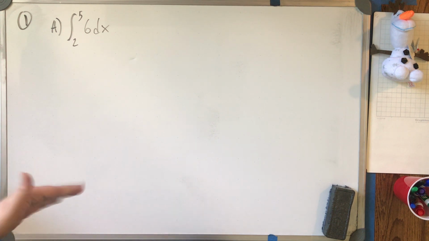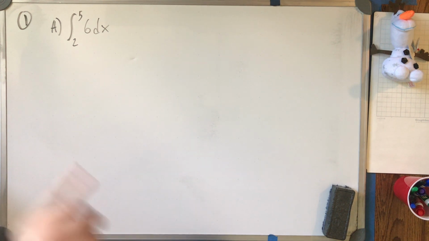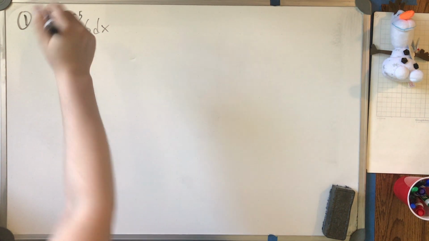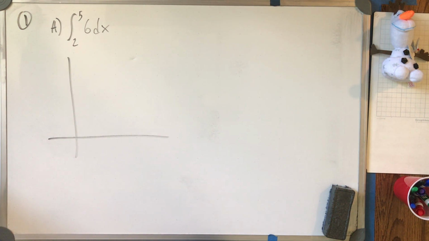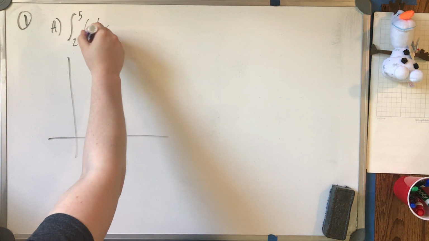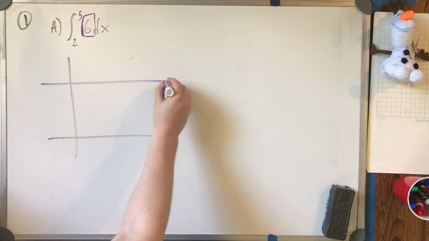So rather than me having to rewrite everything, I'm just going to do A and A, B and B, C and C, and D and D. So let's begin. If we're using geometry for this one, we just first have to draw our little XY plane, and then we have to graph the function. So this is y equals 6, so that's right here.